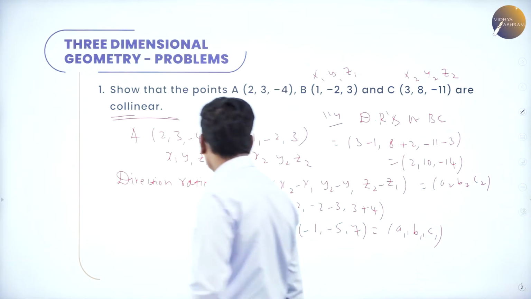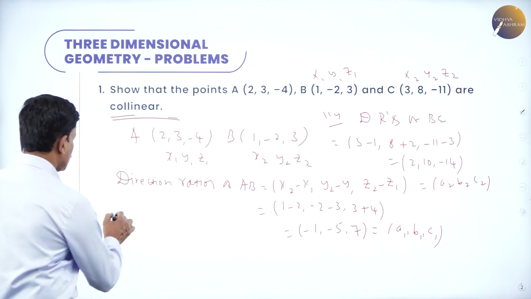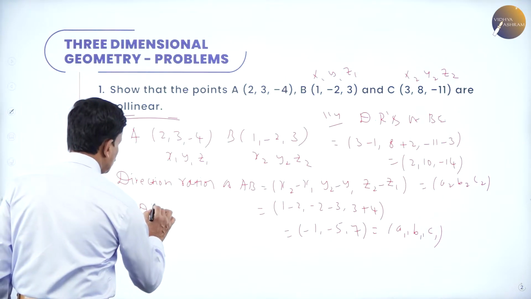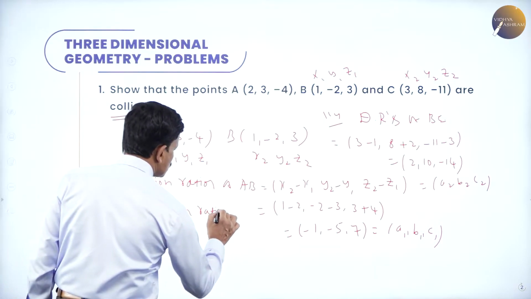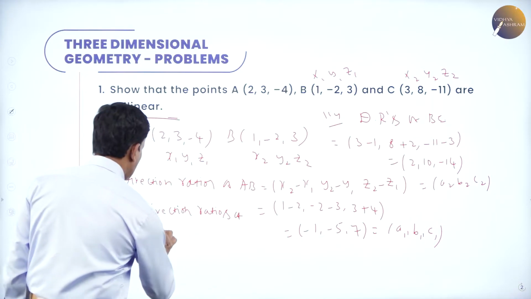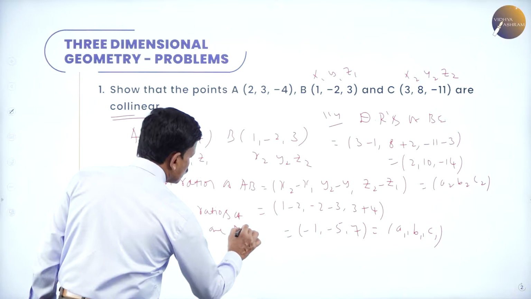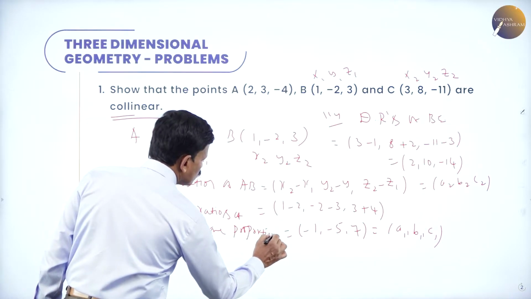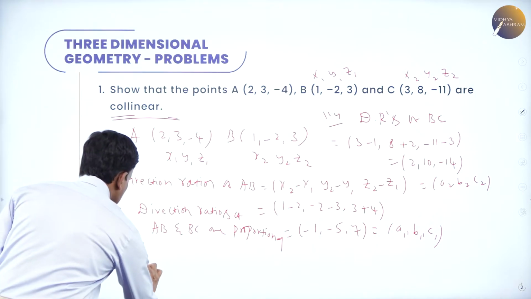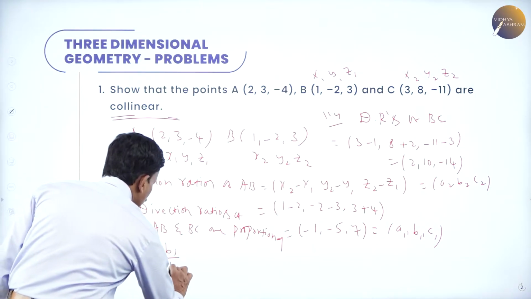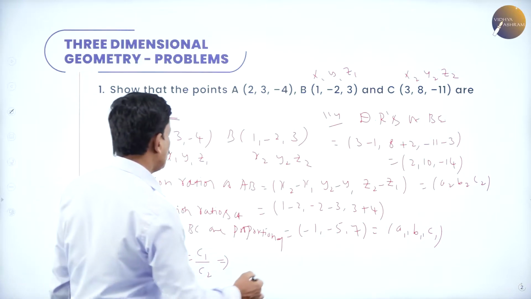Now the direction ratios of AB and BC are proportional, that is A1 by A2 is equal to B1 by B2 is equal to C1 by C2. What is A1 here?